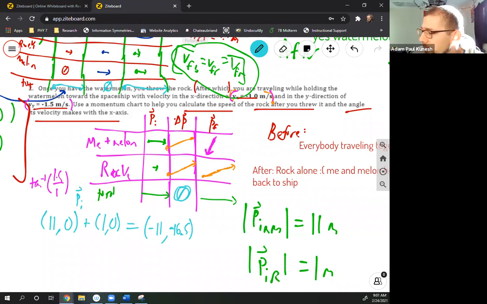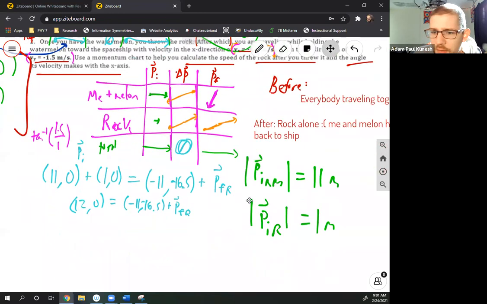Okay. Plus whatever the final momentum of the rock is. That's the thing we're interested in. So now I just do this out. 11 plus 1, that's 12, comma 0, is equal to -11, comma -16.5, plus P final for the rock.